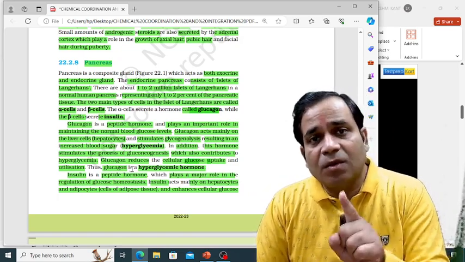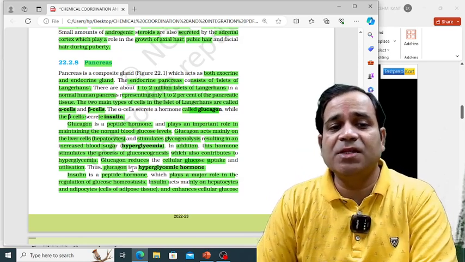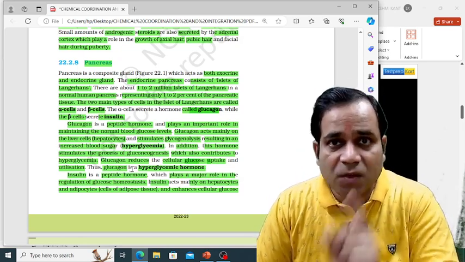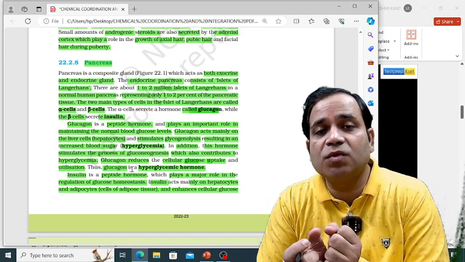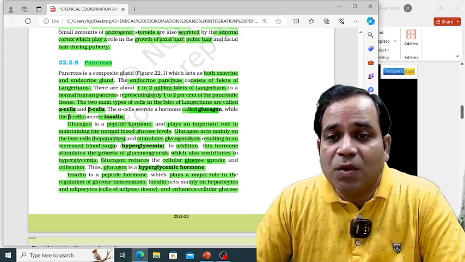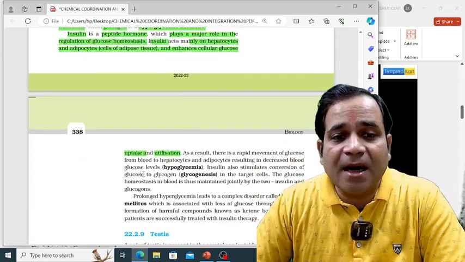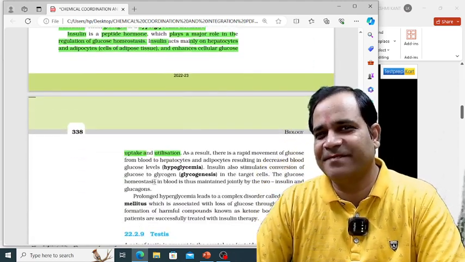So the hormone insulin, which is also a peptide hormone, my dear, has the major role of uptake and utilization of glucose.